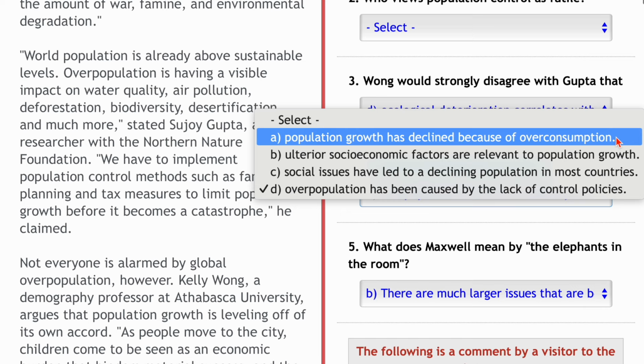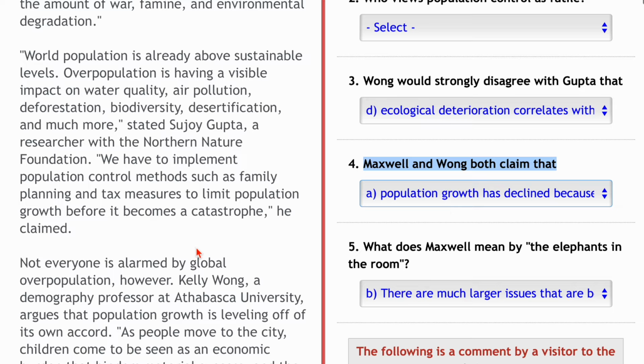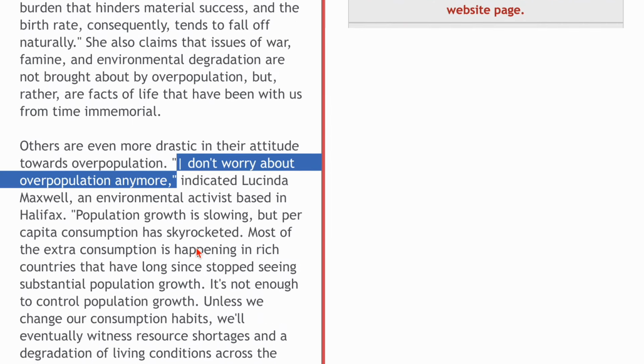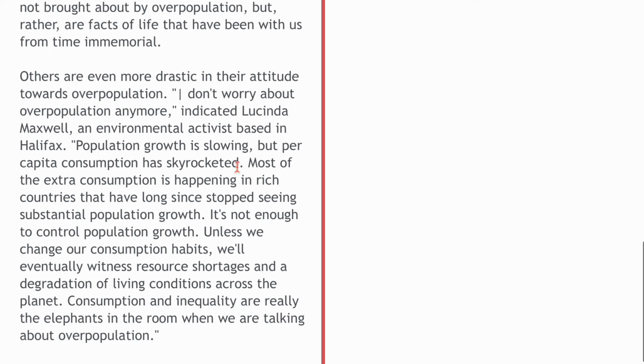She mentioned that. And also, both of them didn't really talk about population growth. Well, they did actually, sorry. They did talk about population growth has declined, but Wong is saying population is declining because people are moving to cities, okay? Right here.